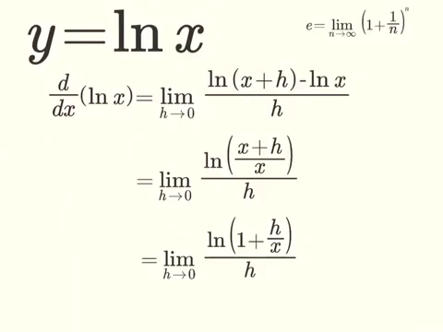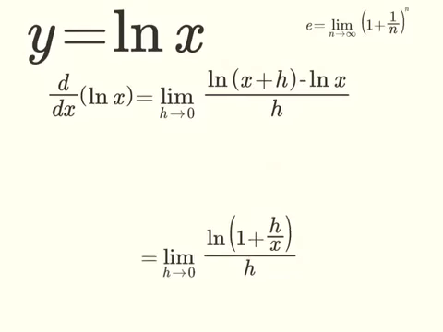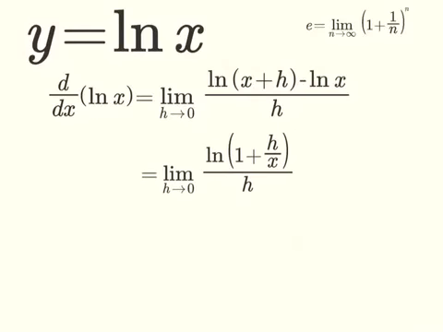Next, I'm going to rewrite this: instead of the log divided by h, I'm going to write it as 1 over h times the log. Next, I'm going to apply the log property that if you have a coefficient of a log, that coefficient can be raised to become the exponent of the argument of the log.